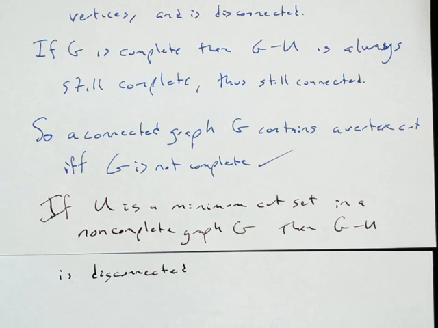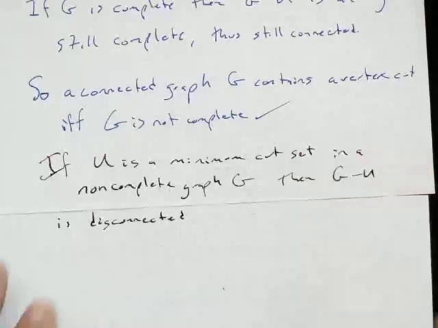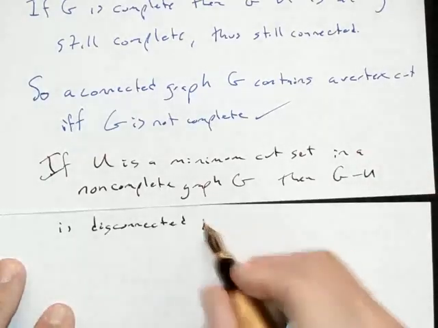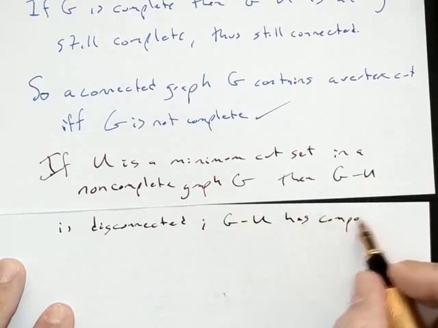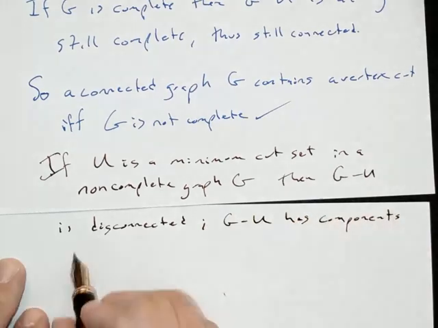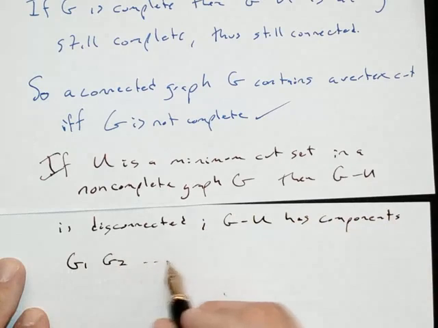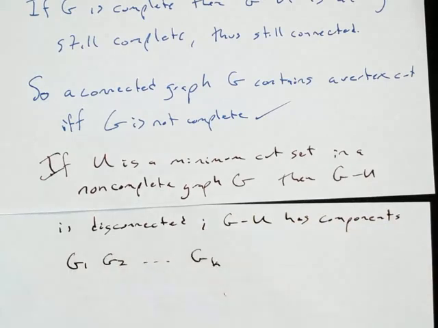Well, that means there are components of G minus U. I don't know how many. So G1, G2 to GK.